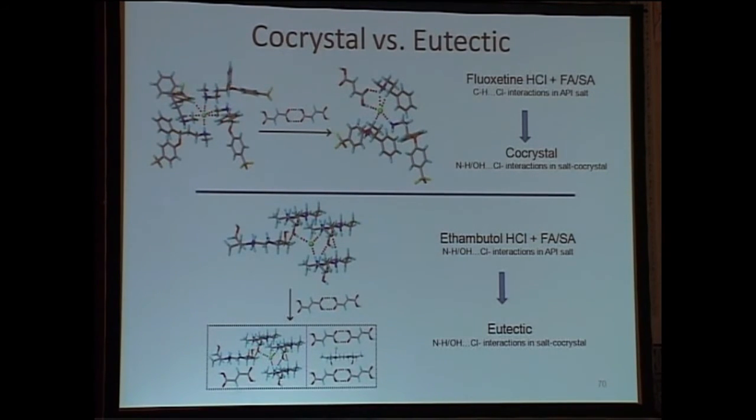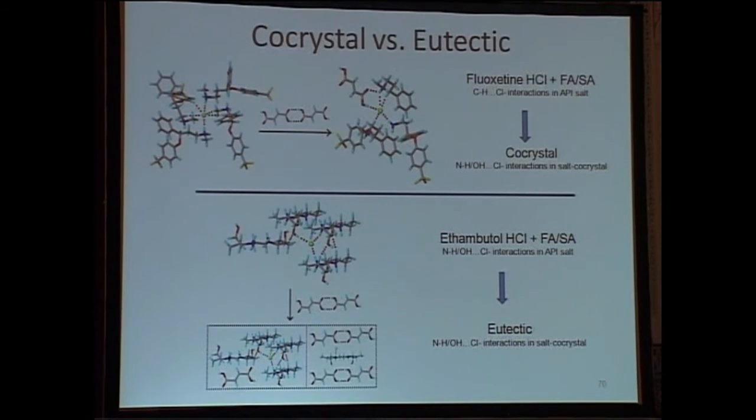On the downside is ethambutol hydrochloride, which is another drug, where all the interactions are of a single, strong type, either N-H···Cl⁻ or O-H···Cl⁻. So fluoxetine hydrochloride has N-H···Cl⁻ and C-H···Cl⁻, whereas ethambutol hydrochloride has either N-H···Cl⁻ or O-H···Cl⁻, both of which are strong.